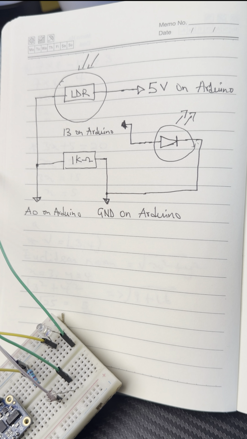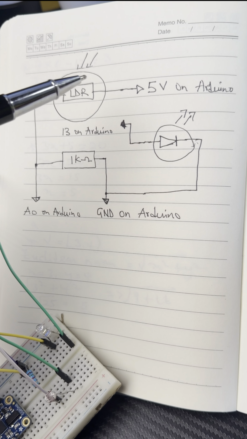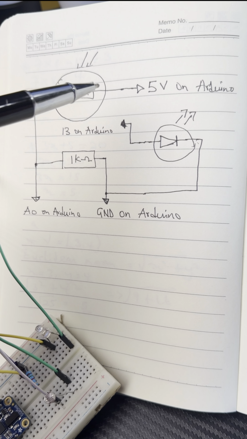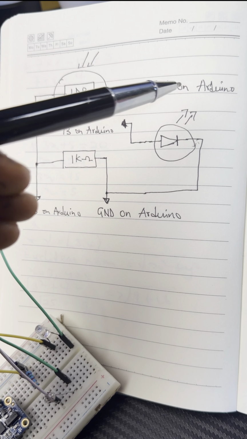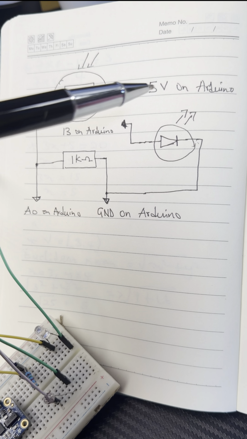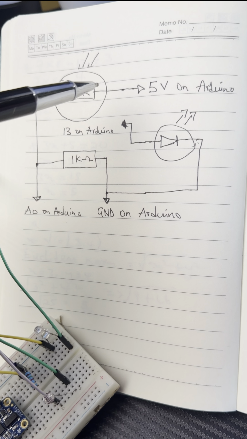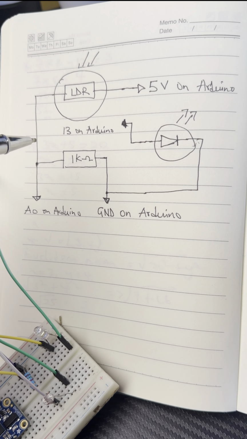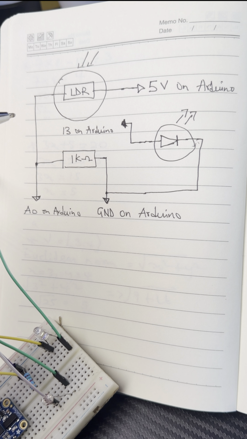So this is a simple circuit diagram that we are using. Over here we have our LDR, which is the sensor, and this LDR has two pins. We connect one pin of the LDR to the 5-volt pin on the Arduino. Then we are trying to create a voltage divider.